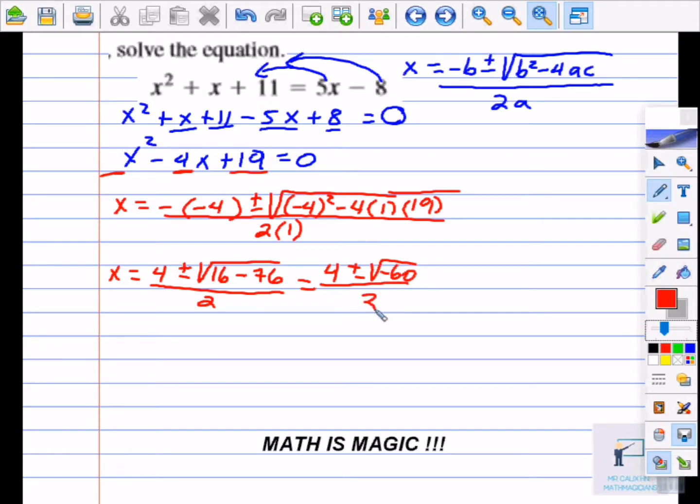The negative 60, the negative becomes an i, and the 60 can be simplified. So x is equal to 4 plus or minus the 60, if you simplify it in a square root, is 2 square root of 15, and remember that you have an i because of the negative, divided by 2. You can simplify these numbers. Your answer stays at 2 plus or minus square root of 15 i. And this is your answer.